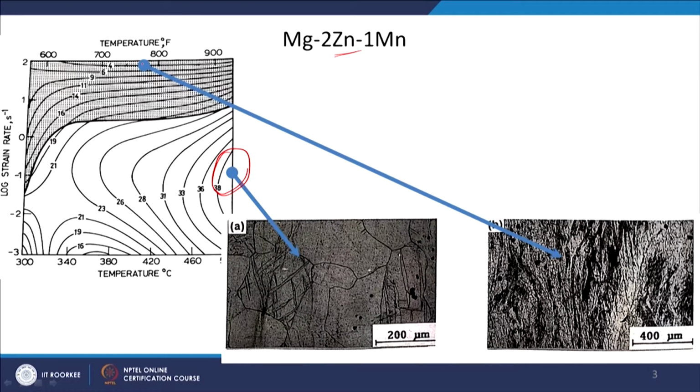So, you can see very clearly a very nice recrystallized microstructure here, whereas here you can see lot of flow localization has taken place in these areas. So, this is where the instability must be occurring, whereas in this case you can see a nice recrystallized microstructure.